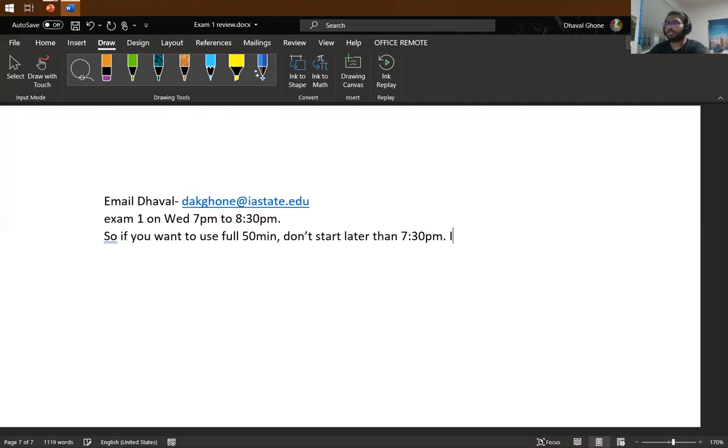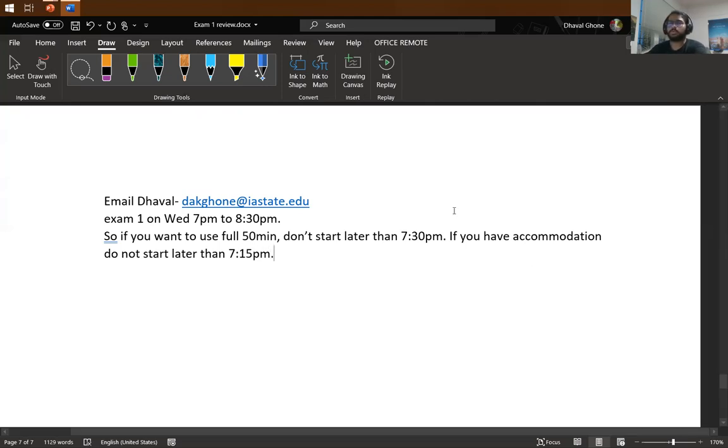And if you have accommodations, it gives you more time to solve the exam. Do not start later than 7:15. But if I was you, honestly, I would just start at 7 o'clock because internet is going to be really bad on campus because everyone's using it. So you might have connectivity trouble, and so do not risk your exam on that gamble.